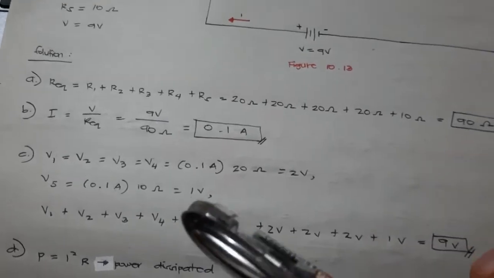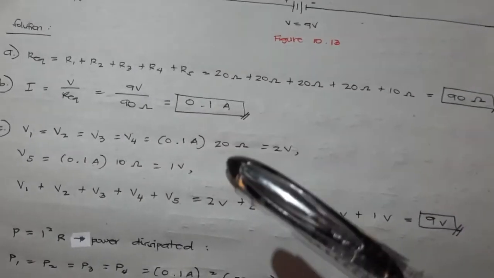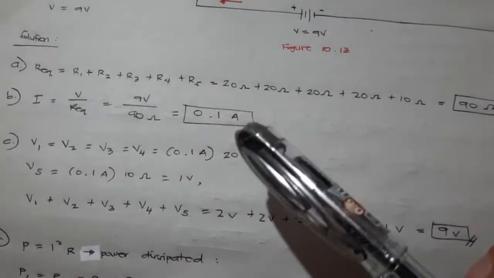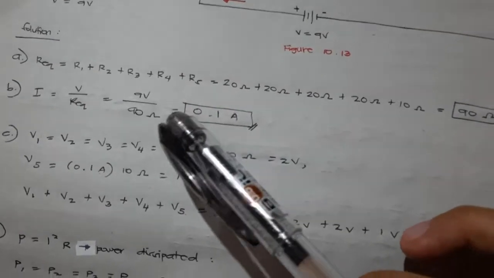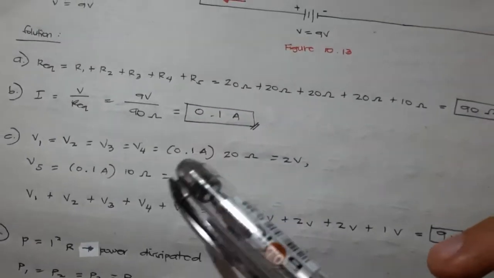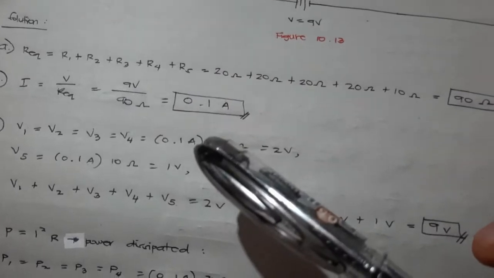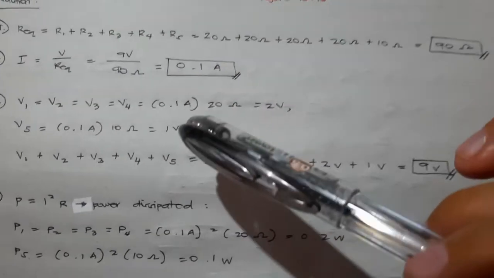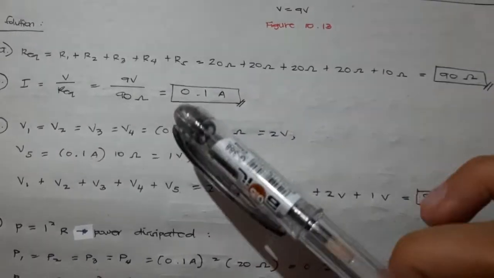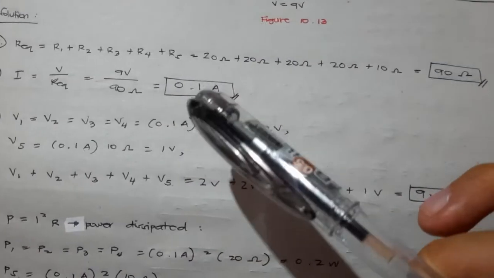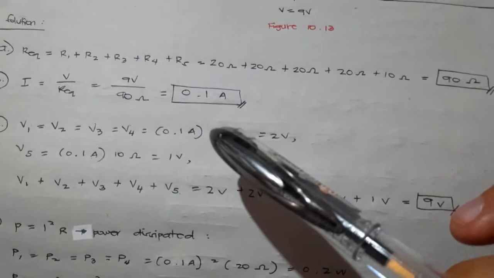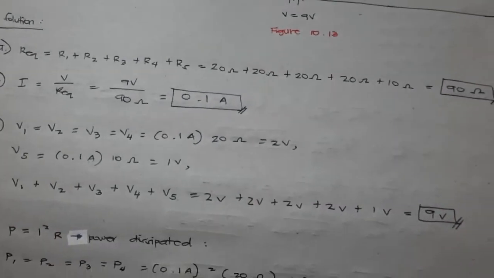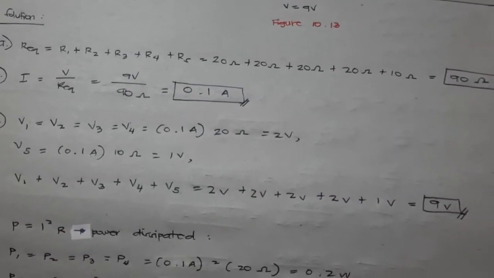So I is equals to V over the equivalent resistance, in which ang atong V is equals to 9 volts and ang atong equivalent resistance, since nakita naman nato, is 90 ohms, in which ato siya i-divide, and then we can get 0.1 ampere.